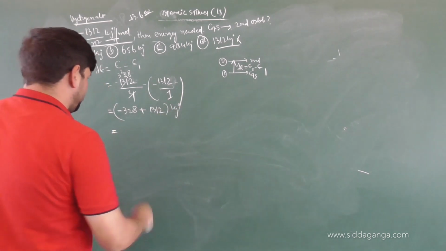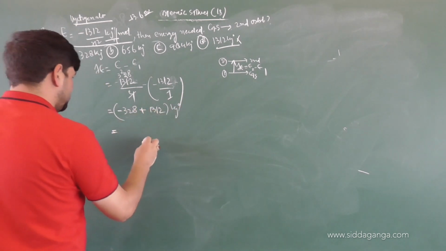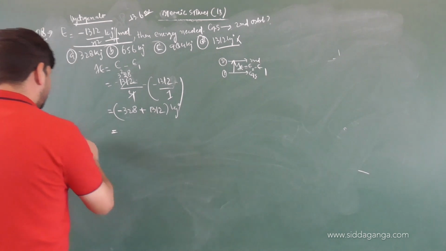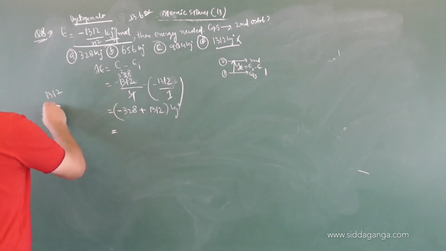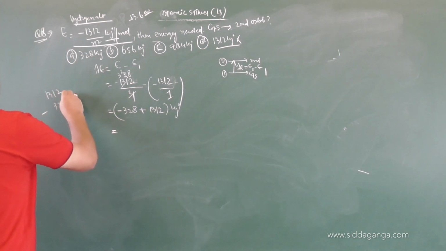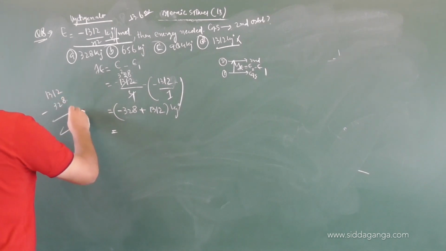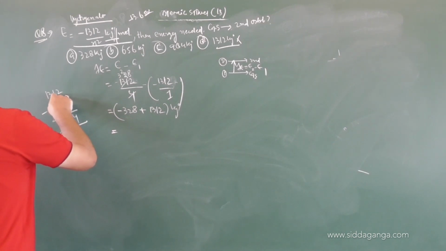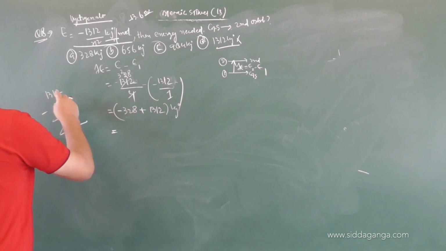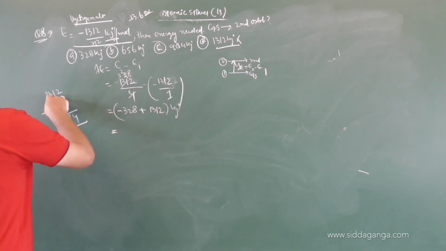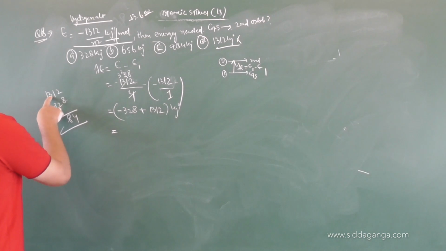So that will be equal to 1312 minus 328. So it will be 4, this will be 8, this will be 2.